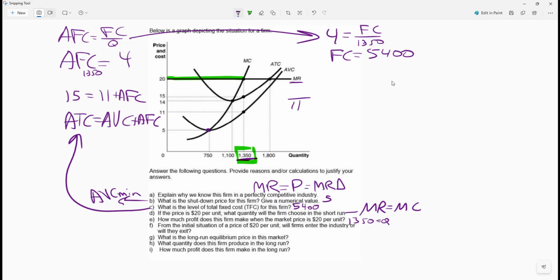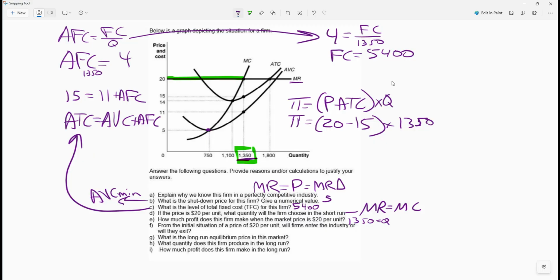For the profit, it's easiest to look at the difference between price and average total cost. Profit is going to be price minus average total cost times the quantity. So we got this price, like we learned initially, is 20, minus, follow this down here, that's 15. That's the average total cost when you produce that many units. And then times 1,350. I thought that would be 4, because then we could just use that number again, but we can't.